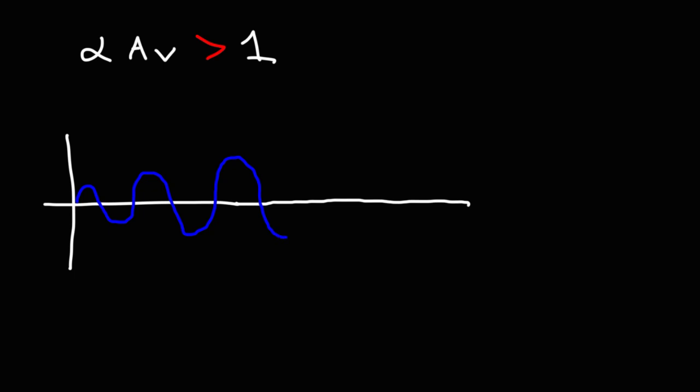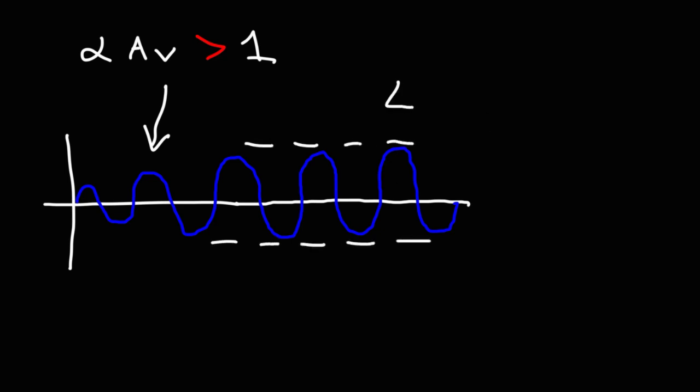As the amplitude builds, eventually it will reach its optimal point. At that point, you want the loop gain to be equal to 1. So while the oscillations are growing, the loop gain needs to be greater than 1. But once it reaches its optimal level, then you want it to equal 1.